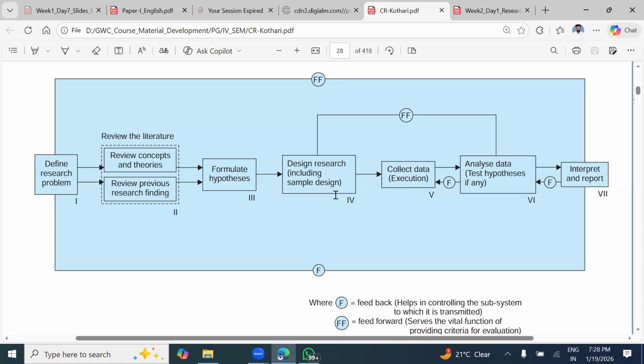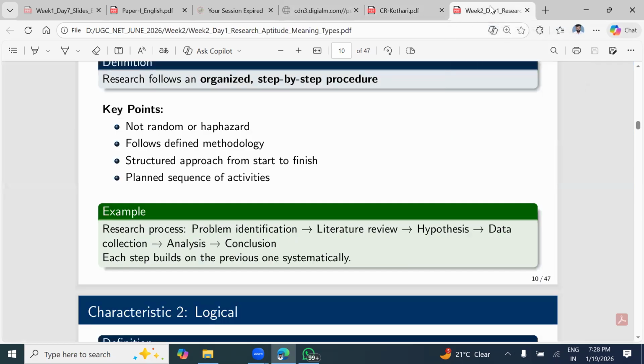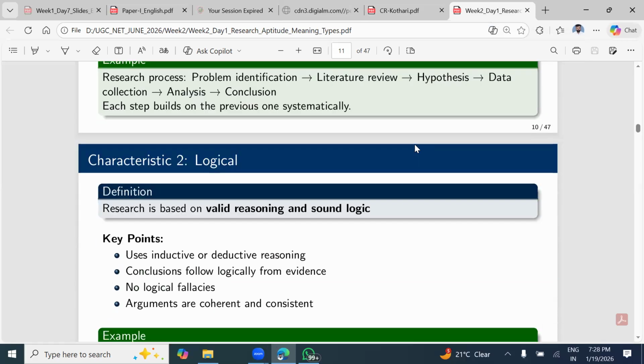Then how will you analyze the data, or interpret and write the report, because that is the toughest part. That is why it is known as a systematic approach. If you do one step religiously, then the next step will be automatically done. You don't have to worry.